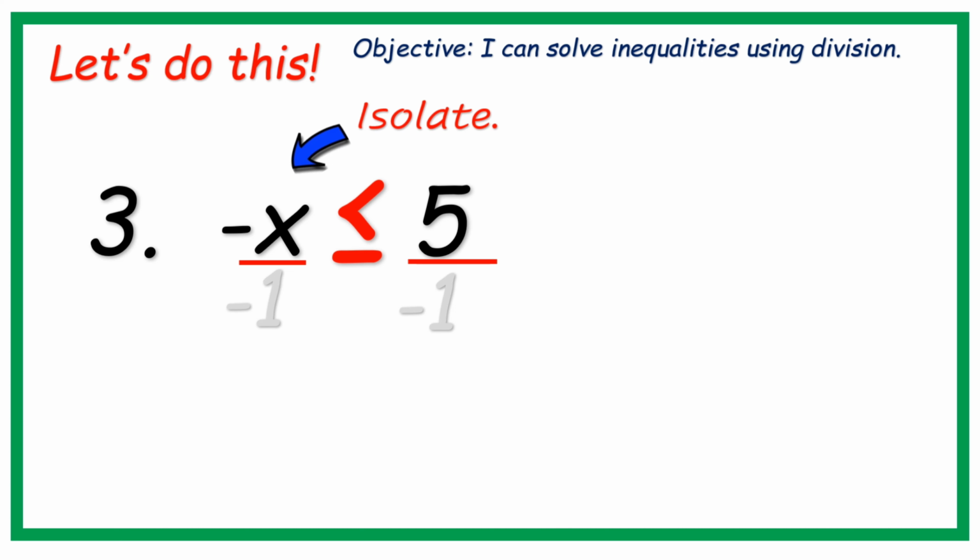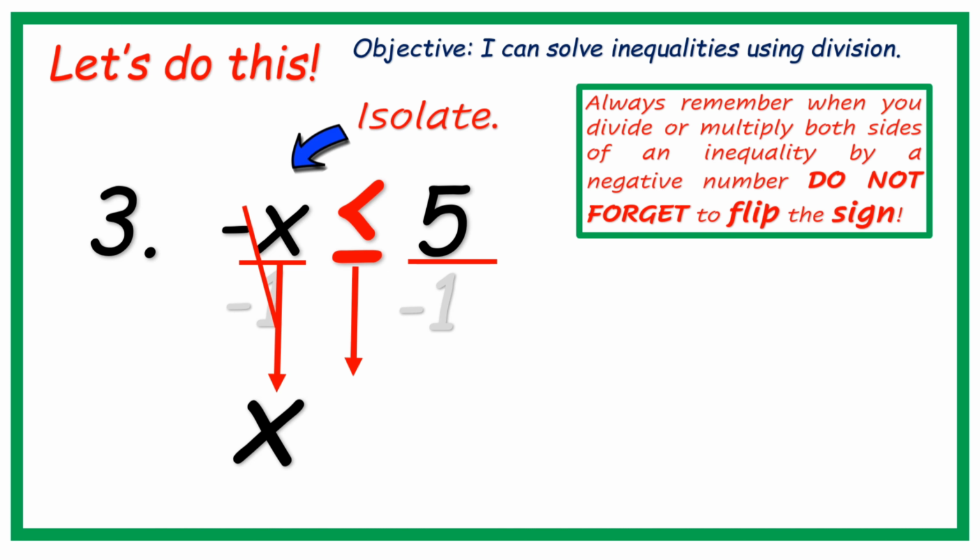Then that cancels the negative, leaving our x, the variable, isolated. Then, always remember, when you divide or multiply both sides of an inequality by a negative number, do not forget to flip the sign. So this sign is the less than or equal sign.